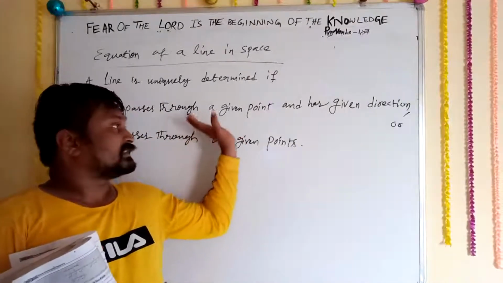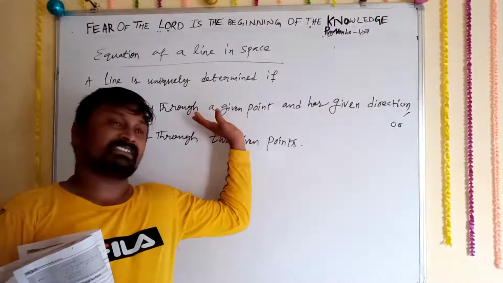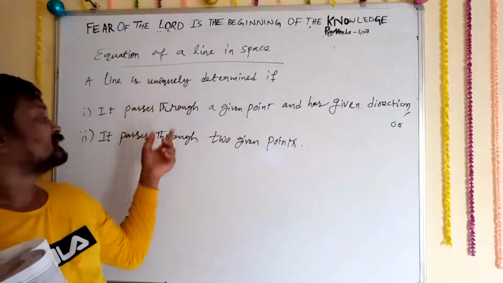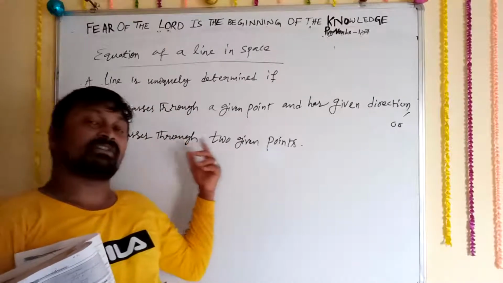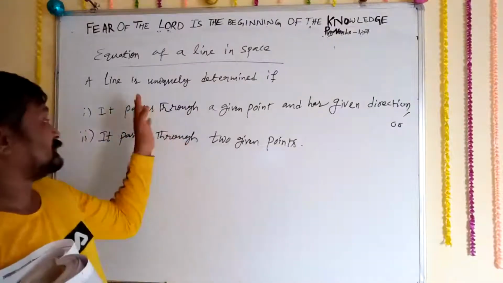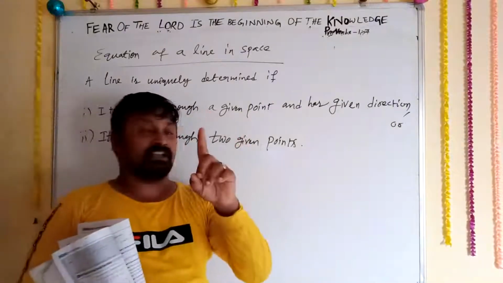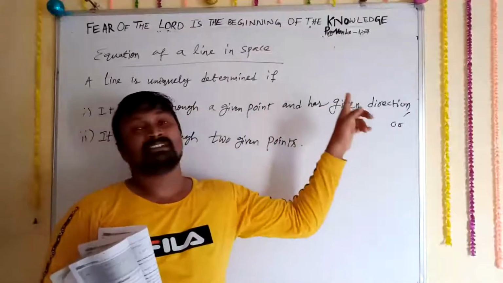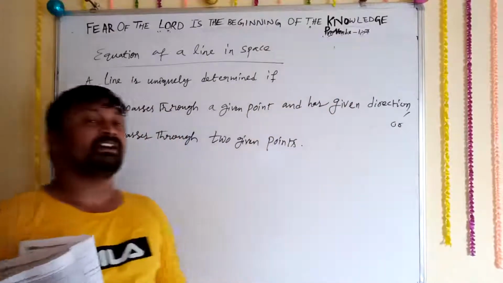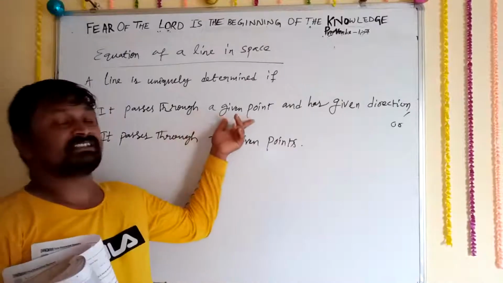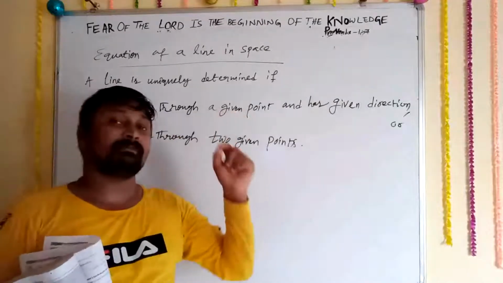In the first condition, it is going to be a uniquely determined line. In the second condition also, it is going to be uniquely determined. What is the first condition? We need to pass through one point and have a given direction. So here the direction needs to be given, and it needs to pass through a given point.